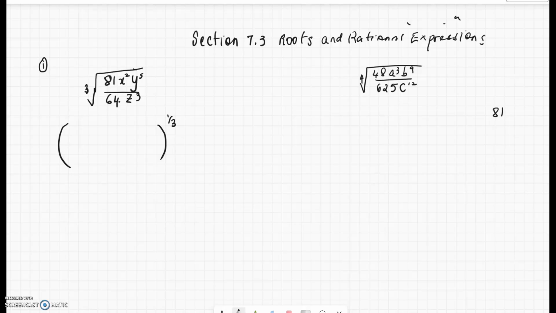81 is 9 times 9. It's 3 times 3 times 3 times 3. So that's 3 to the 4th power. But since we're going to take the cube root, which is to the 1/3, I'm going to split this as 3 to the 3, because 3 is a multiple of 3, which hopefully will cancel with this, plus 1.